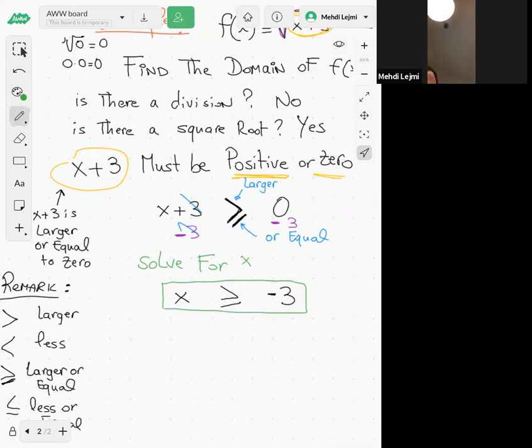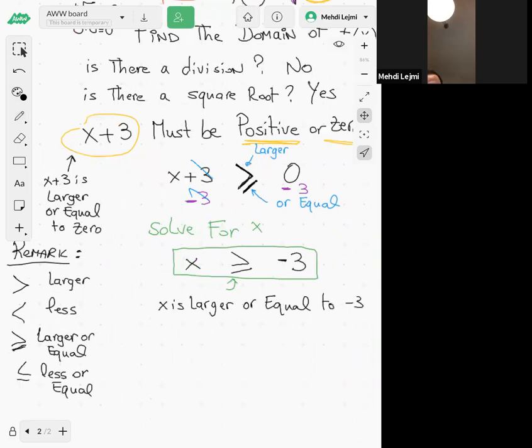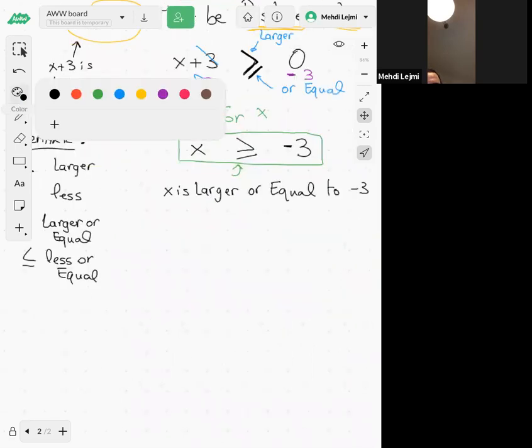So that's what this inequality says, right? So x is larger or equal to negative 3. So my input x must be larger or equal to negative 3. So now I can answer the question. So the domain, the final answer.